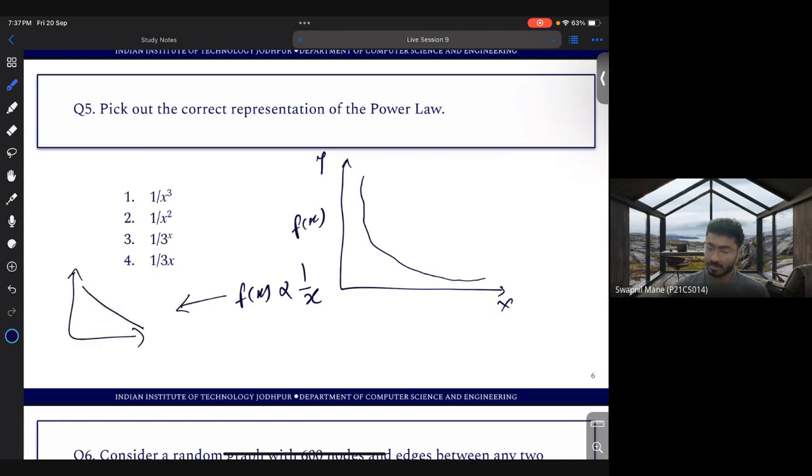In this scenario, we are getting the graph like this way, a straight line, because it's not a curve with sharpness. Suppose x increases by 1 unit, then f of x decreases, because x raised to 1 is there. That is the alpha we are considering here.